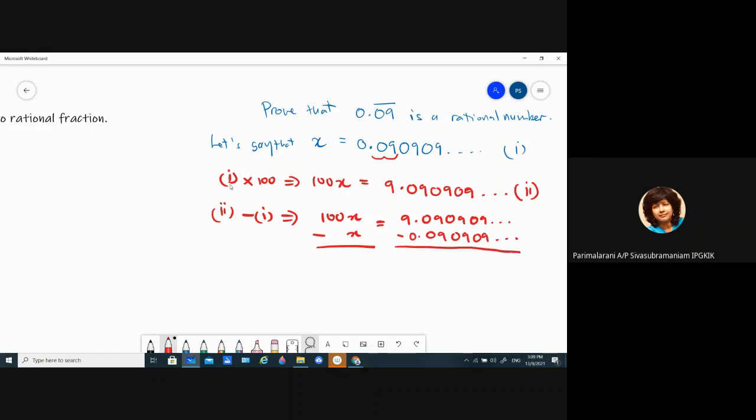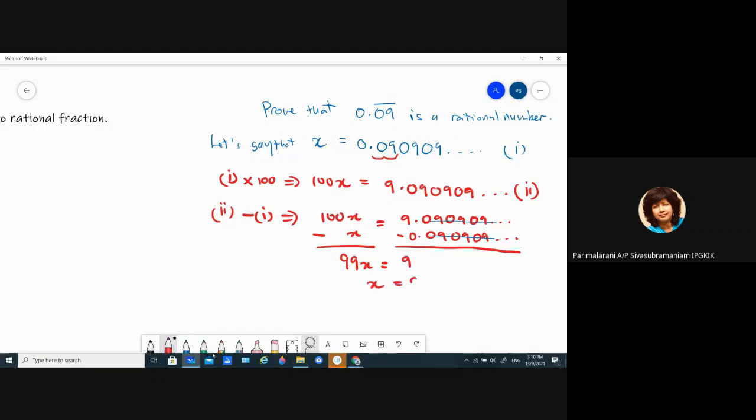So what do we get on our left hand side? 100x minus x will be 99x, is equal to how much? On our right it is 9, because all this cancels off all this, so we have 9 minus 0, so we have 9.